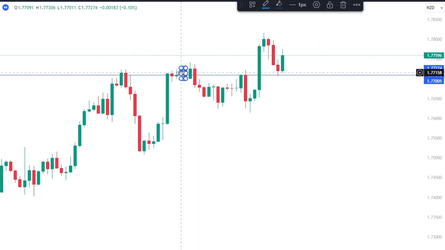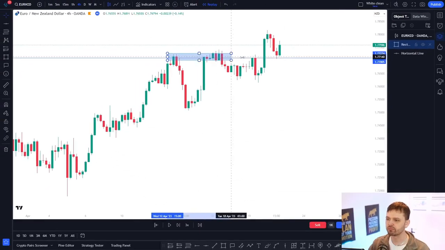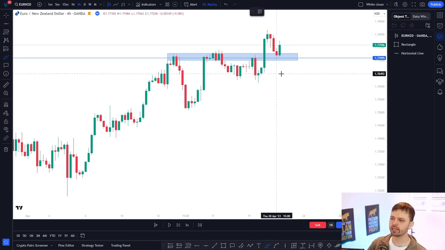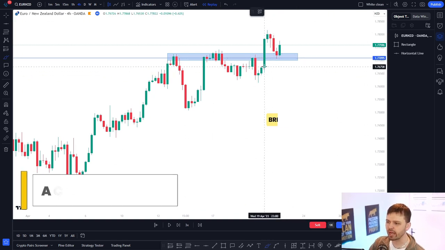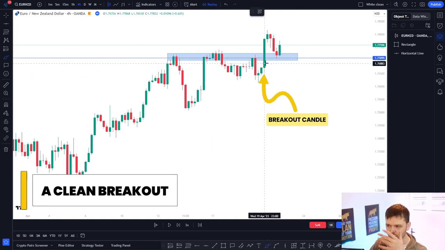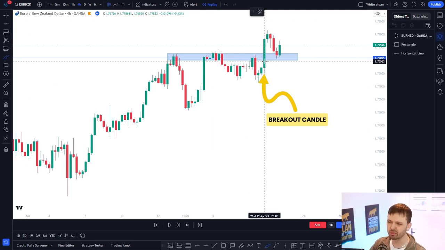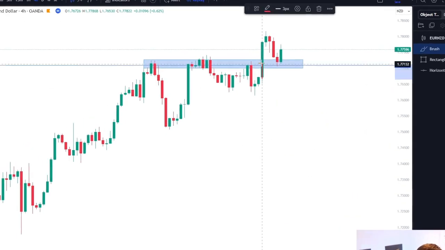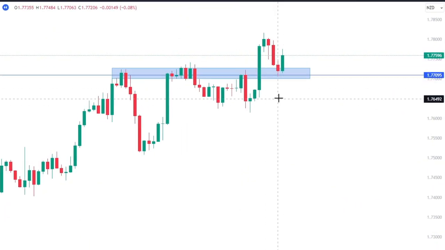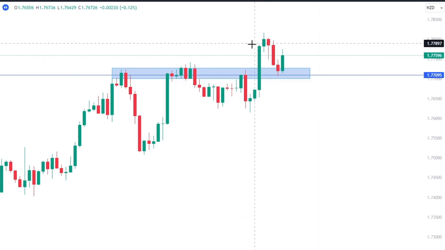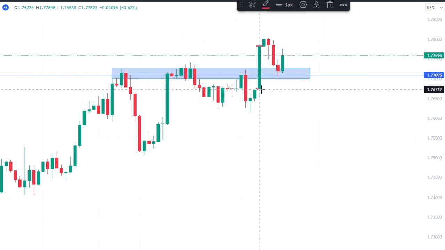So let's just incorporate this price action right here. This is what I call a clean breakout, where you have one thrust candle, and we'll call it the breakout candle. So we got the breakout candle right here nicely breaking straight through the level, and it's closing up here.